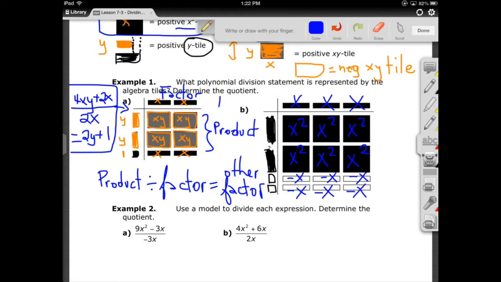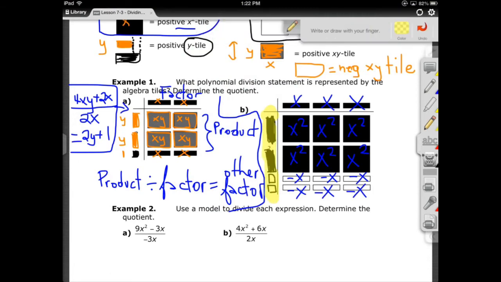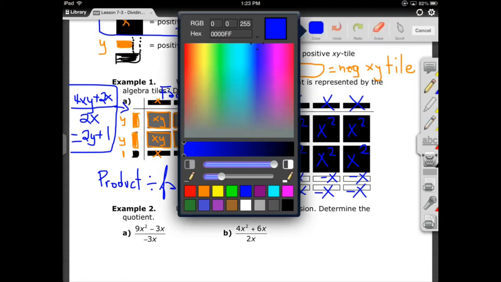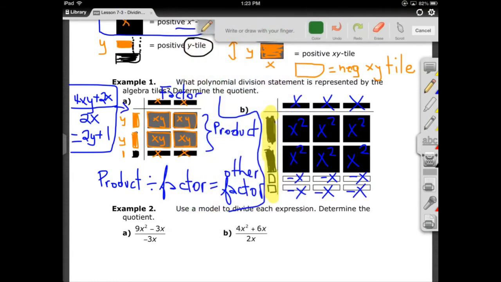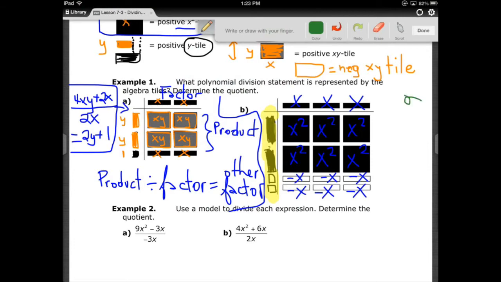So our answer, let's just wall this off a little bit so we don't confuse what we were doing. Our answer is right here on the side. What is this? Because that's the answer to our work. Choosing a different color, I'll use a green. Push this off to the side, get rid of that. I'll write sideways. So what we've got are 6x squareds minus 6x, because there's 6 of them down here, right?